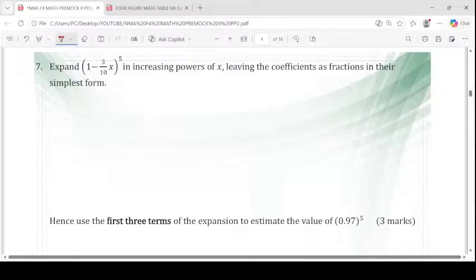So let us do this. This will become 1 power 5 into negative 3 over 10x to the power of 0.